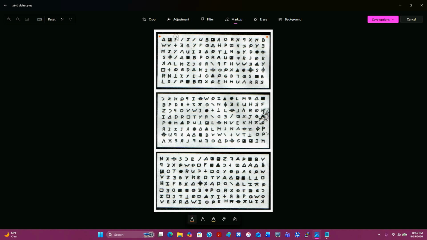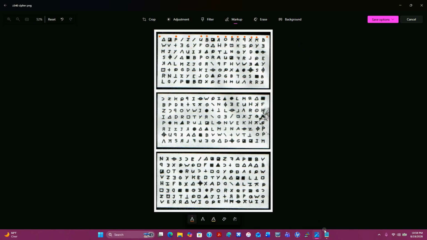So we're going to look at P, Z, U, B, this reverse K, this O, R, and this symbol, the 9, this symbol, and this symbol. So we're gonna deal with this top line.